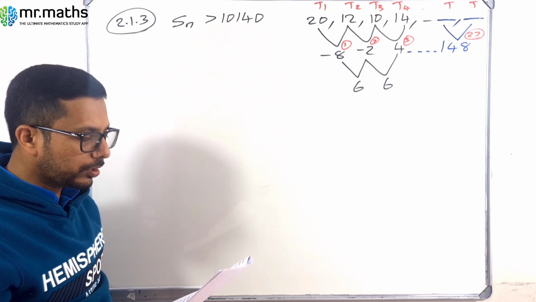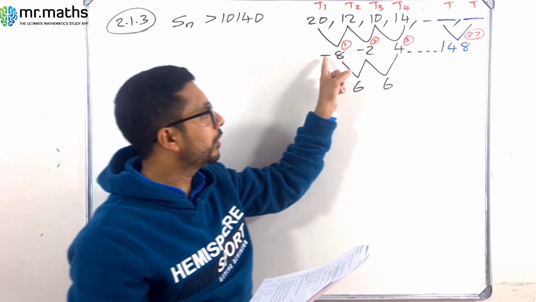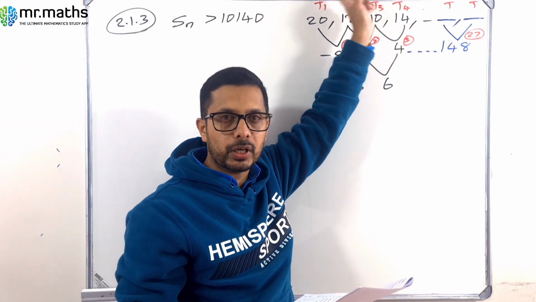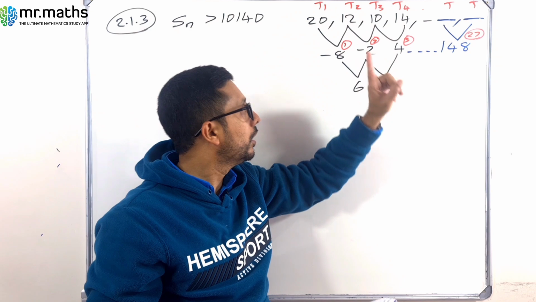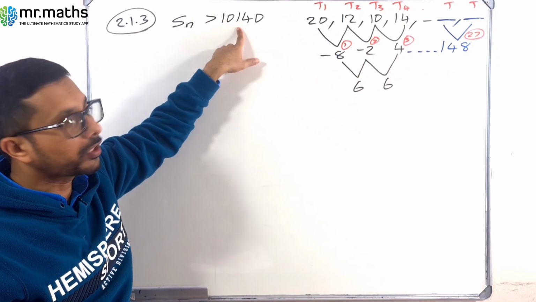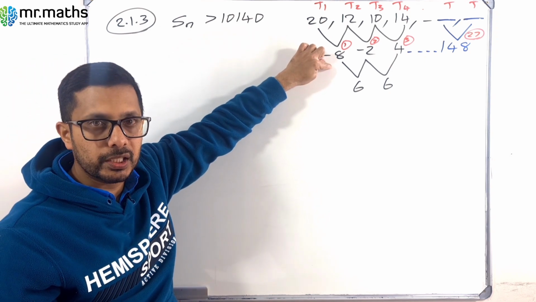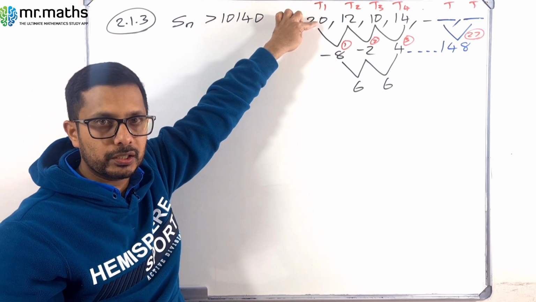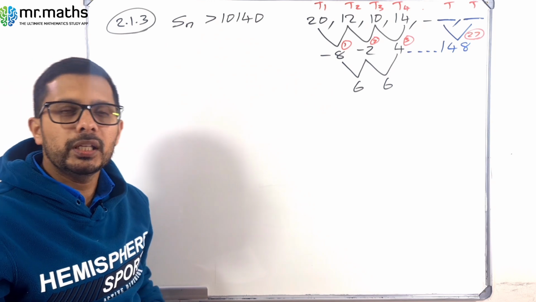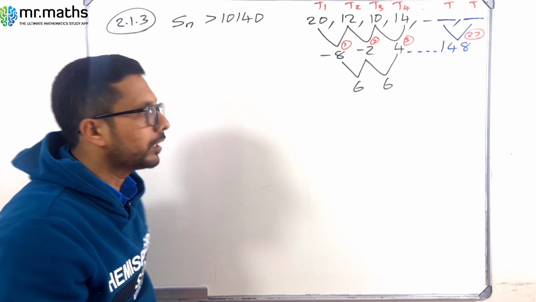So in the arithmetic sequence, that is very important. Now they are talking about this sequence, not the quadratic sequence. So in this sequence, Sn is greater than 10,140. This is the arithmetic sequence, not this one, quadratic. So in an arithmetic sequence, how can you find Sn? What is the formula to find Sn?